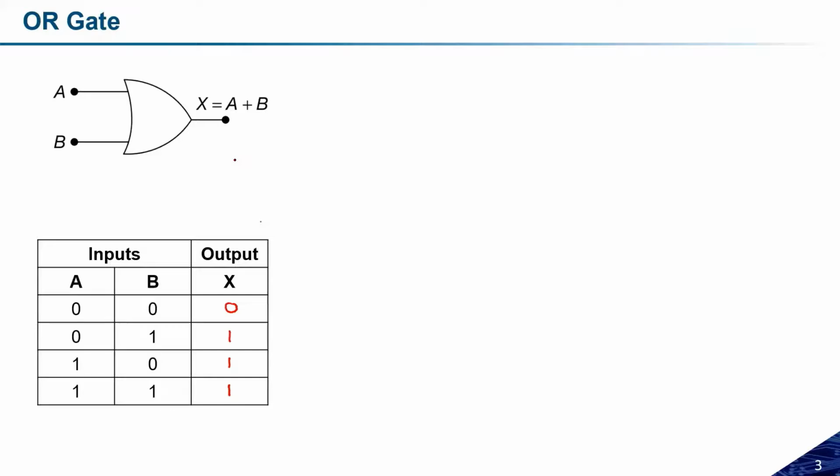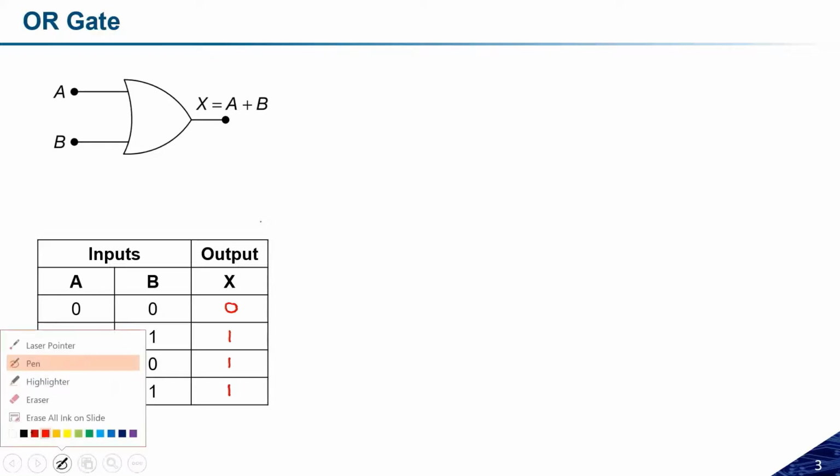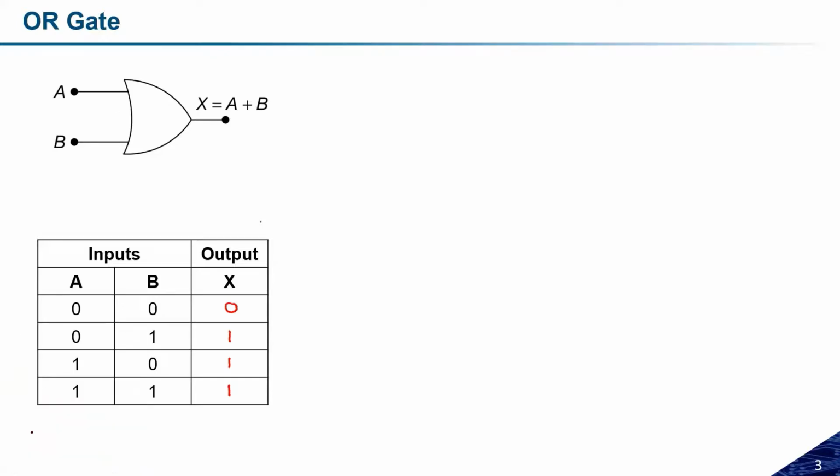Now the question is how this kind of OR gate can be made with the help of a diode or transistor. Let me quickly make a logic circuit based on diodes. What is the property of a diode? You have already studied the diode.